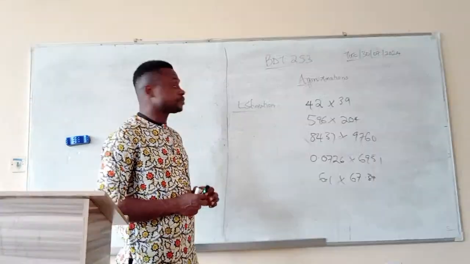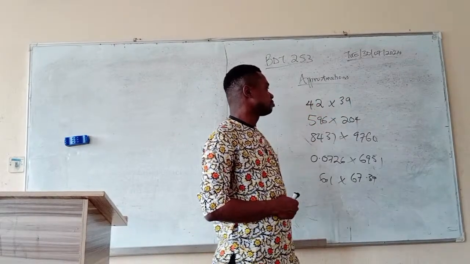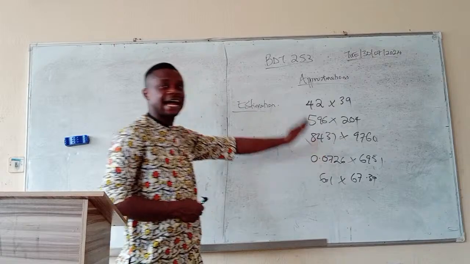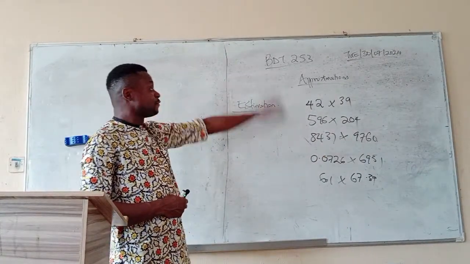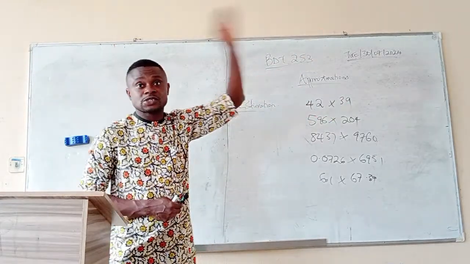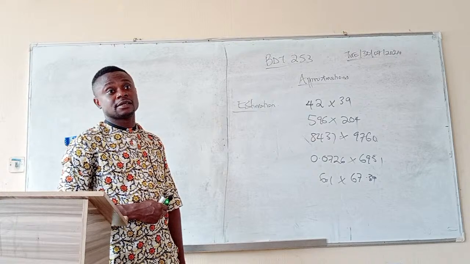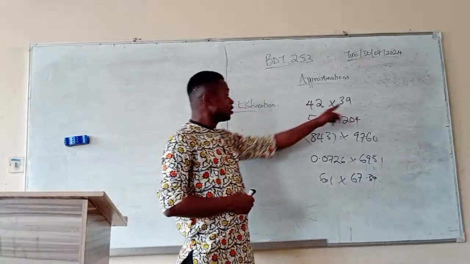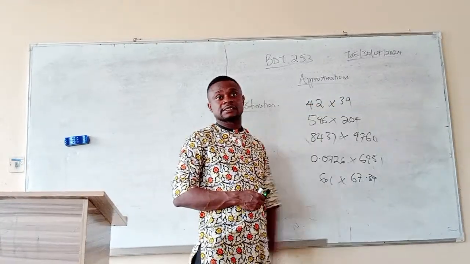Are we together? Now here, 42 times 39. By looking at this number, I can estimate this as 4 times 4, 16, plus 2 zeros.